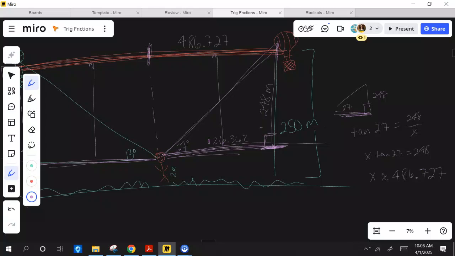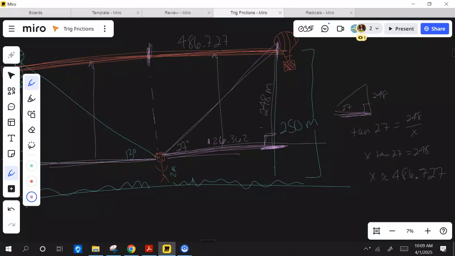286.727. Look, I know, guys, I know this seems like a lot, but the problem is literally just a paragraph, and you have to figure it out. That's why I'm taking all this time to draw the picture, because it gets hard to wrap your brain around it. You did 248 divided by 1027. That's because you rounded the 1027, that's why your rounding's off. That's fine.